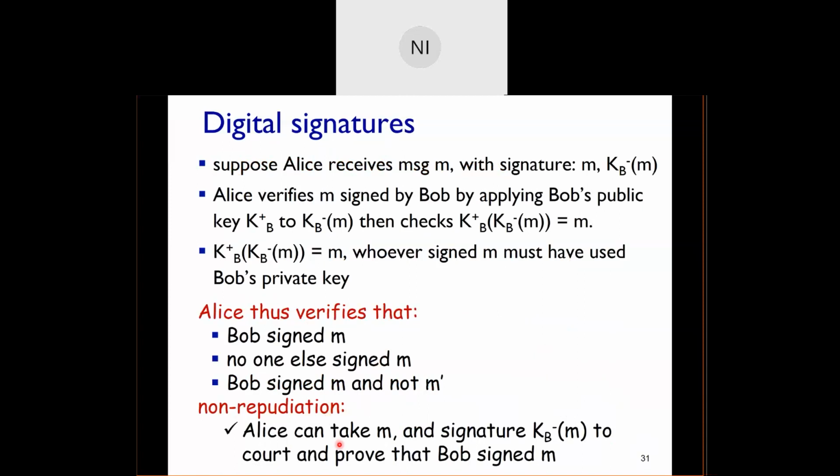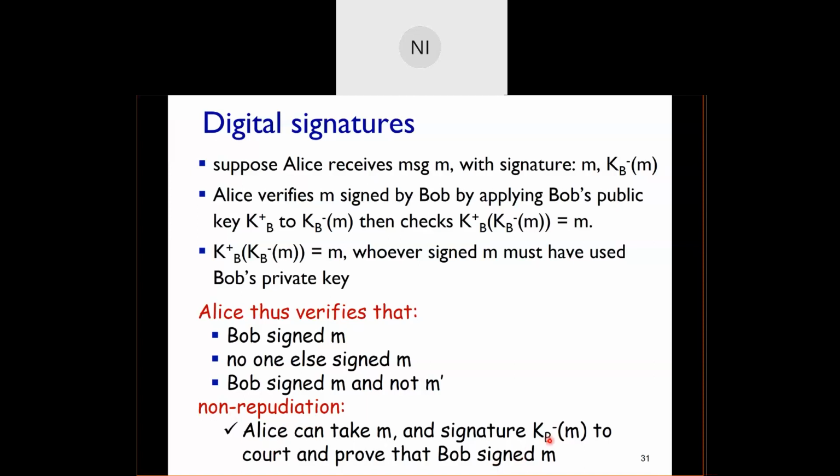In this case, Alice can take the message M and the signature, that is, the message that Bob sent by encrypting it using his private key, to the court and prove that Bob has signed it. This is exactly what I meant by non-repudiation. Alice can take Bob to court. Bob cannot deny at a later point that he never sent such a message.